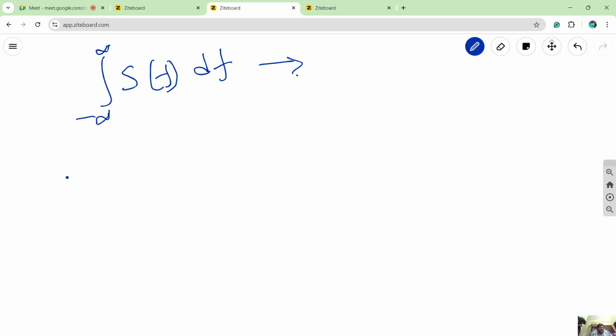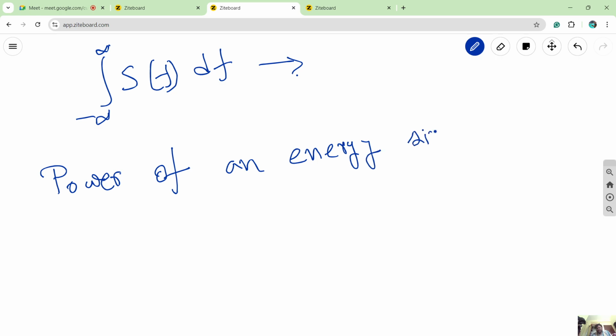Now, we remember the power of an energy signal is equal to 0.